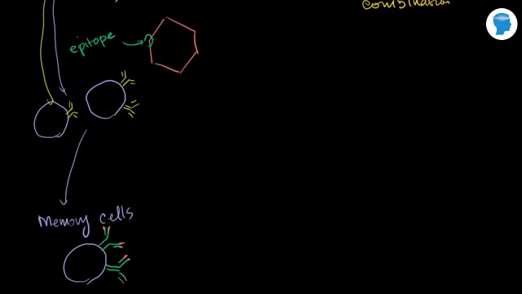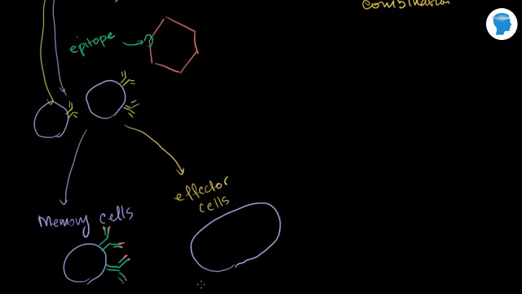And then some of them are going to turn into effector cells. Effector cells are generally cells that actually do something. What the effector cells do is they turn into effector B cells, or sometimes they're called plasma cells.